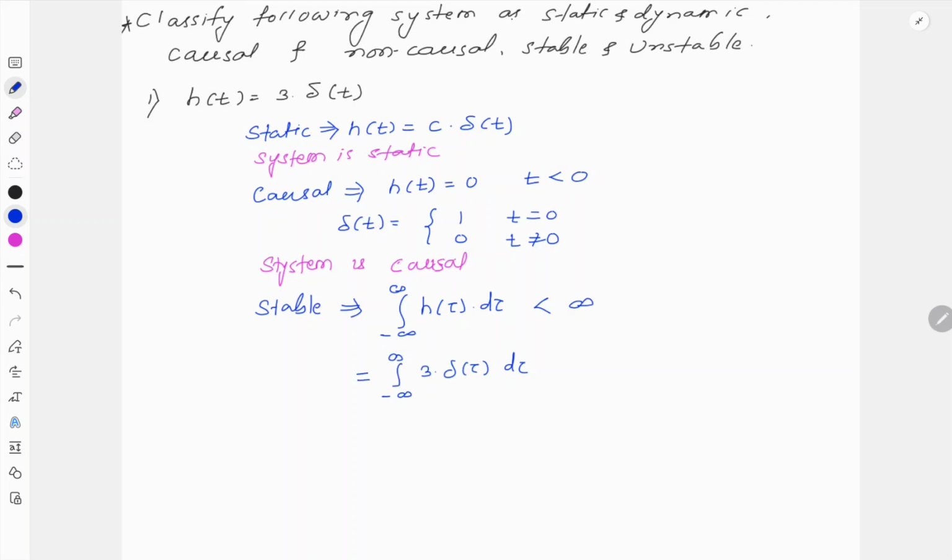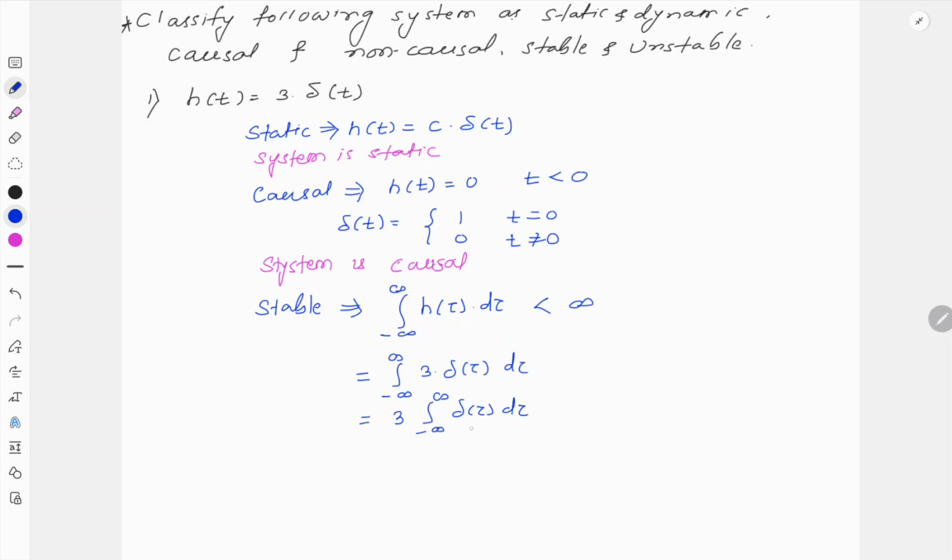If we evaluate this, this impulse function has value only at one point. So this can be represented as 3 into the integration of delta tau d tau.